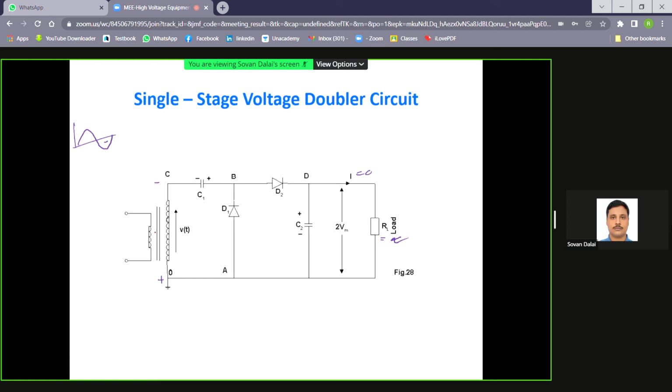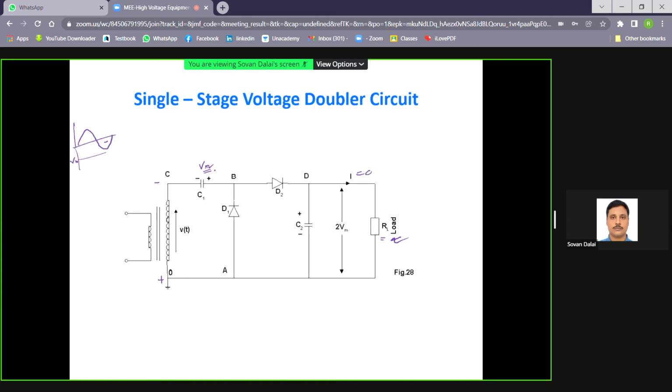In the negative half, what will happen? This diode will conduct for the negative half and charge this capacitor to the maximum, Vm potential.